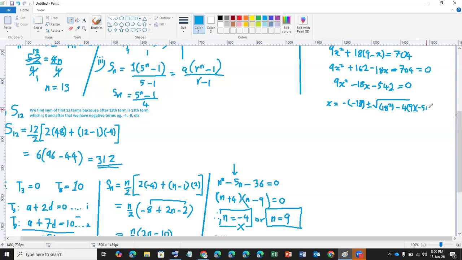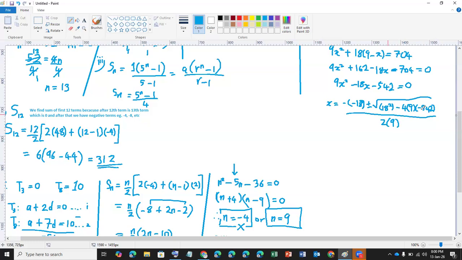I hope this is able to solve the thing. All this divided by 2a, 2 times 9.